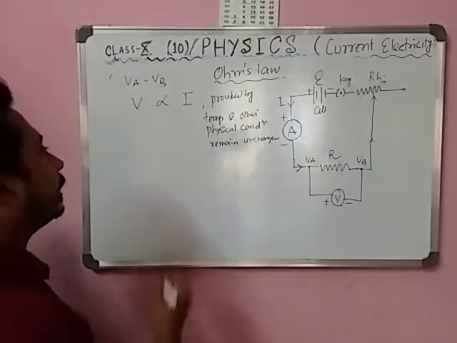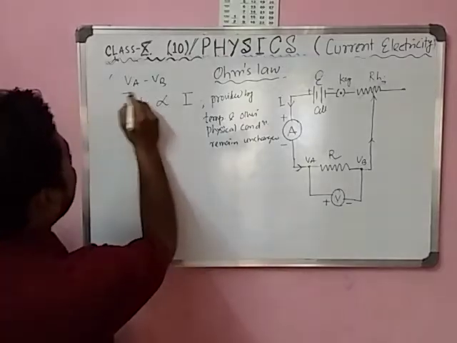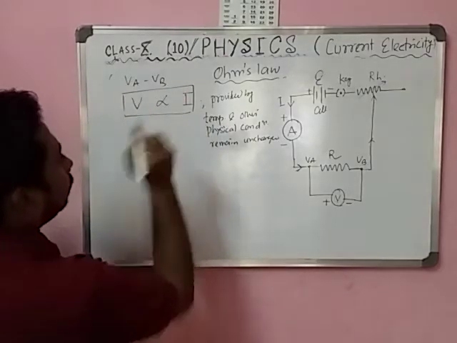If the temperature and other physical conditions remain unchanged, then only we can write V proportional to I.